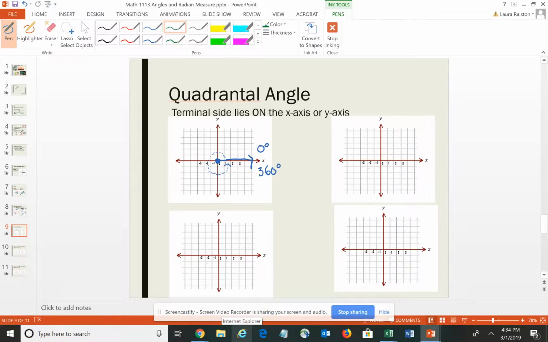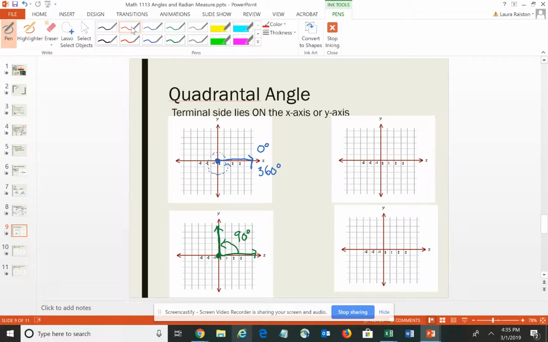You could have vertex on the origin, initial side on the positive x-axis, and you rotate 1/4 of the circle, which would be a 90 degree angle, and it lies on the positive y-axis.